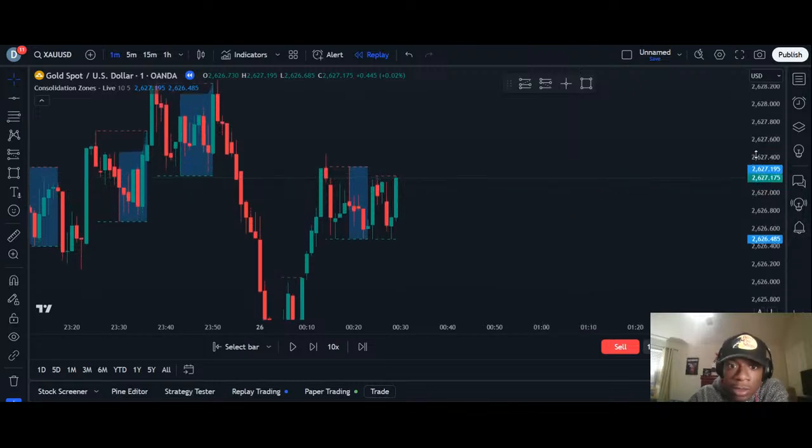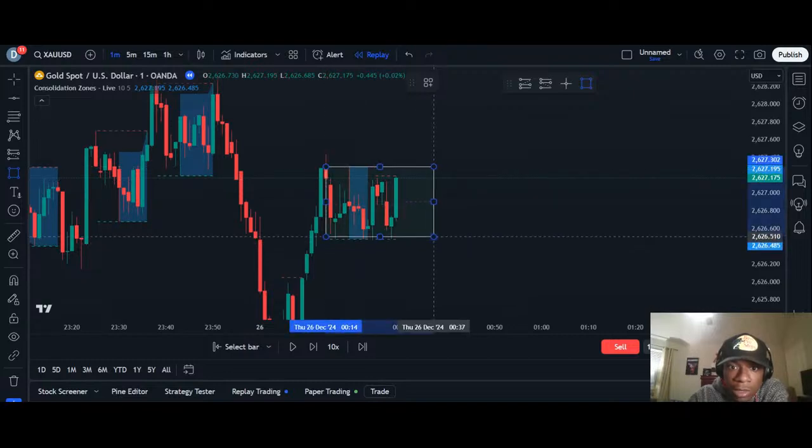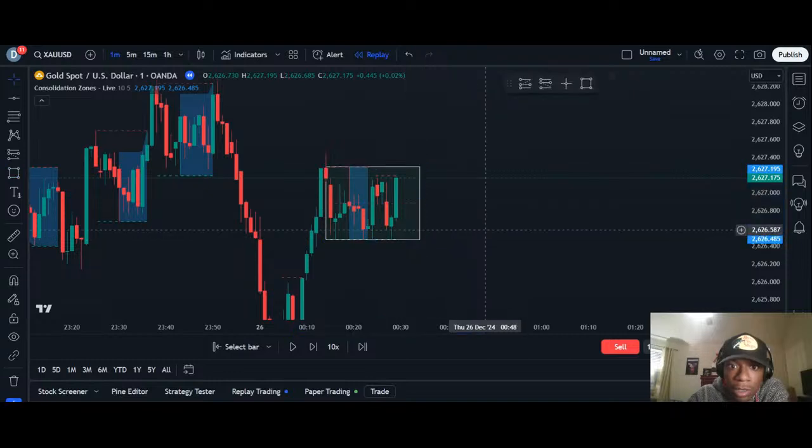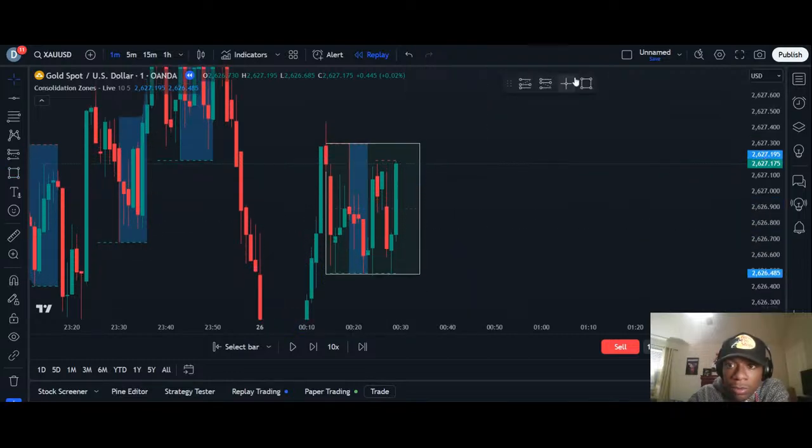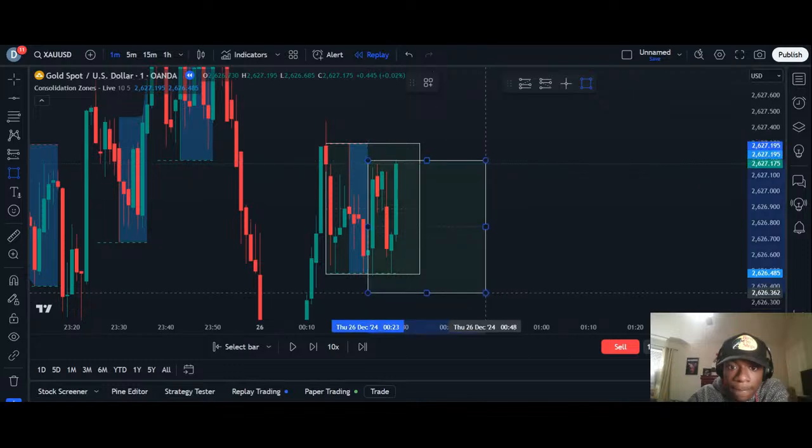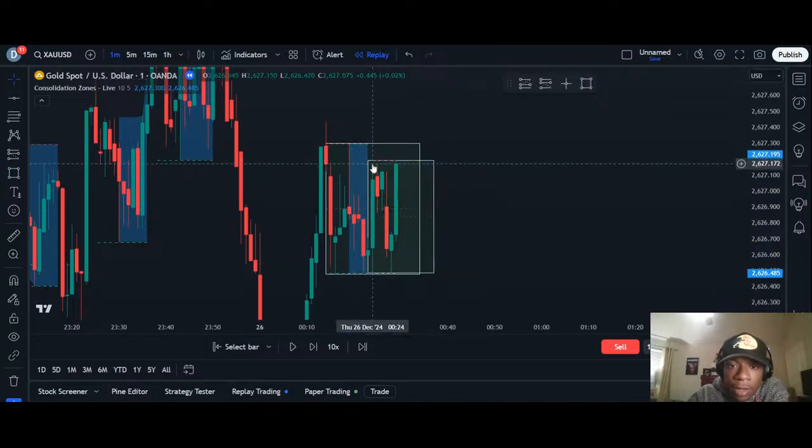And would you look at that? It's an example of a zone being formed inside of another zone too. So this is like what I was saying. This would be the original zone, right? And inside of that zone, this zone just formed. Now, if it breaks out of this and closes like right here in this area, I just ignore it. It has to break outside of the entire zone.